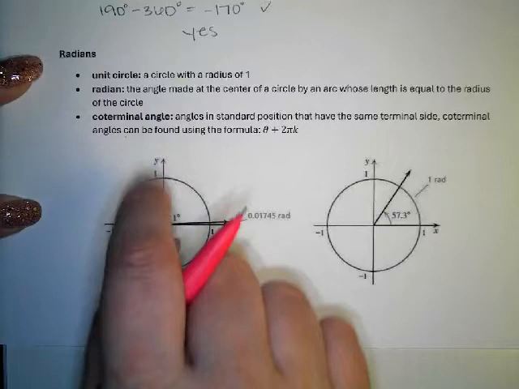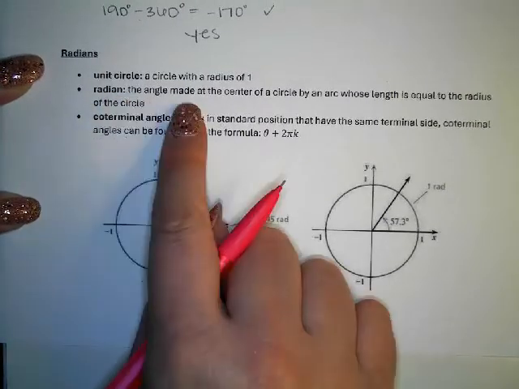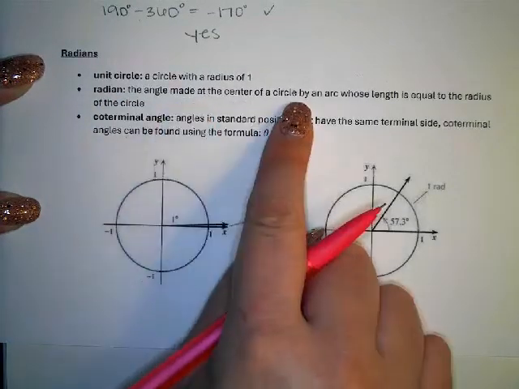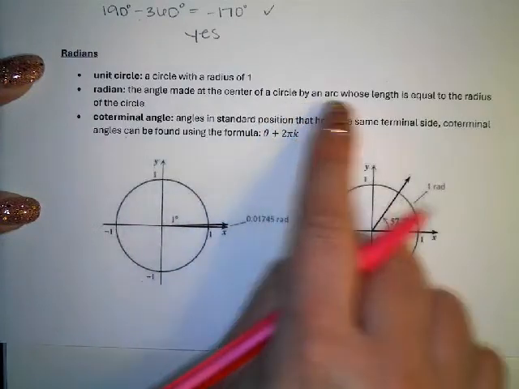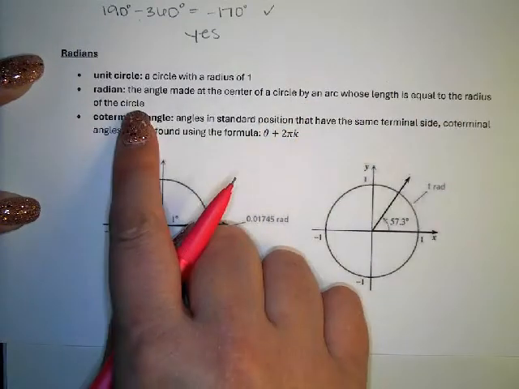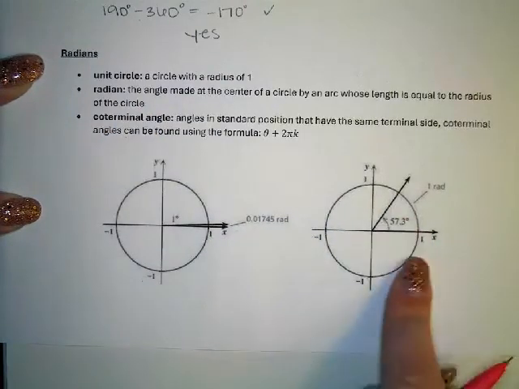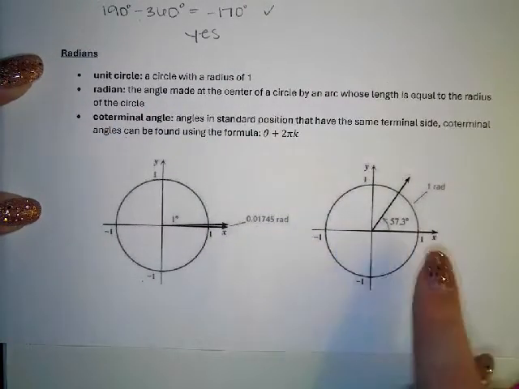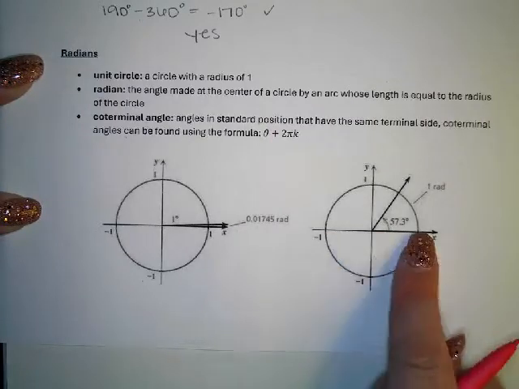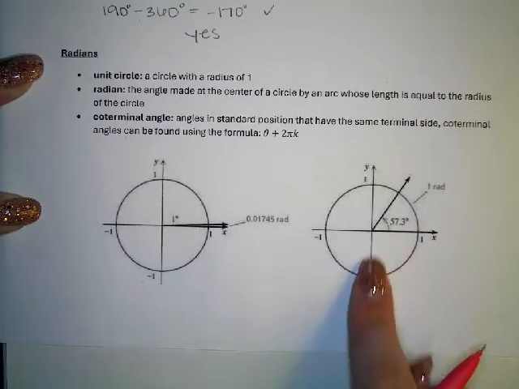A radian is the angle that is made at the center of the circle by an arc whose length is equal to the radius of the circle. If we have this unit circle over here, I know that it's a unit circle because I can see the ones are labeled. This is a radius of 1, this is a radius of 1, a radius of 1.